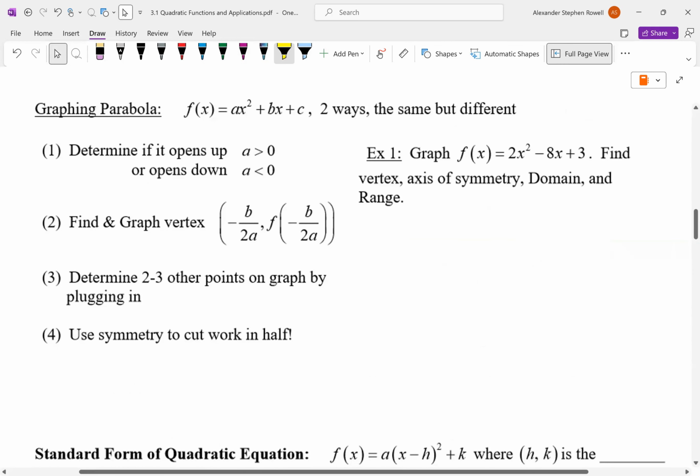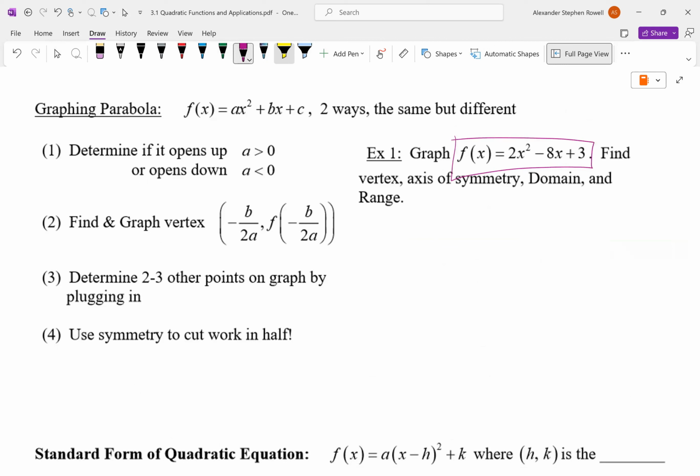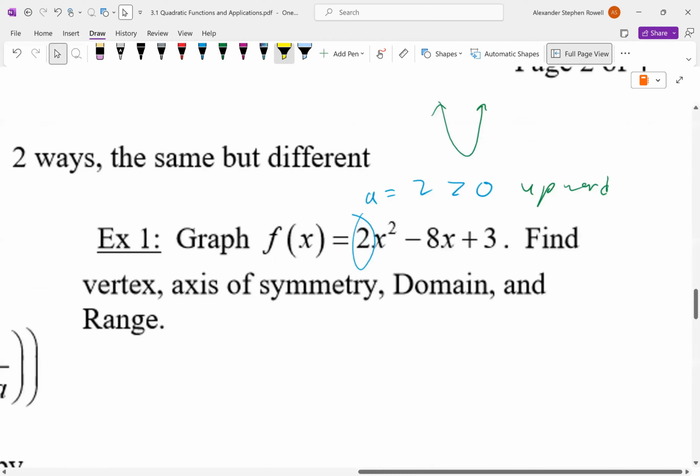Okay, so if we have a parabola given in this form, ax squared plus bx plus c is equal to f of x, we're going to first look at the leading coefficient, that is a. And you say a is 2, and say, is it positive or negative? Positive, so that means it's an upward parabola, or an upward U. Let's see.